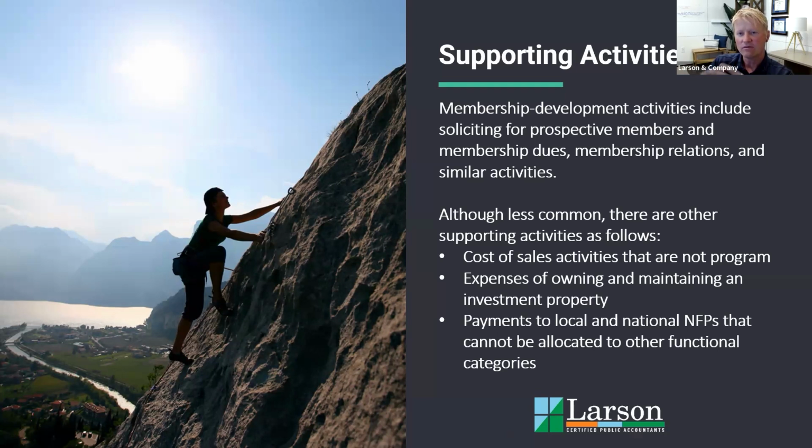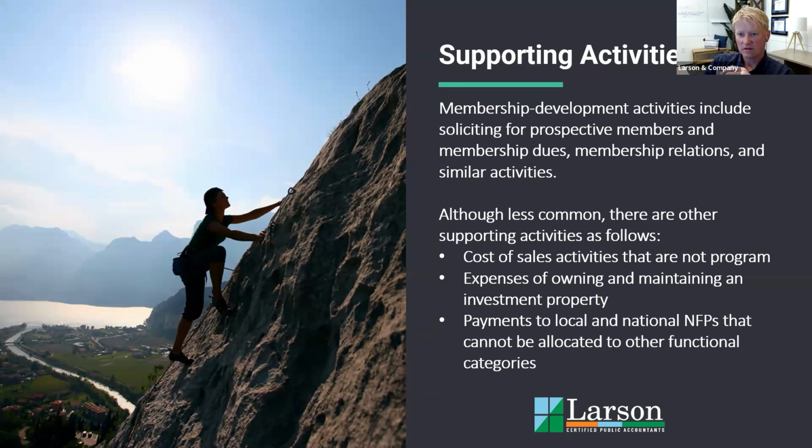So like a payment, if you're a nonprofit that is part of a national nonprofit and you have payments you have to make, that is not going to be a program activity because you're not directly benefiting or using those expenses to fulfill your mission. It's just an expense. It is a required expense, but it's an expense that would be considered supporting because it's not directly benefiting.